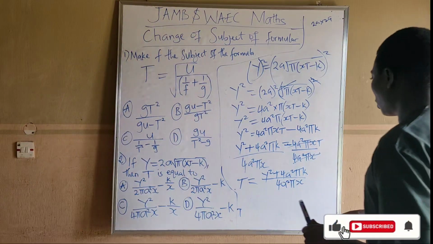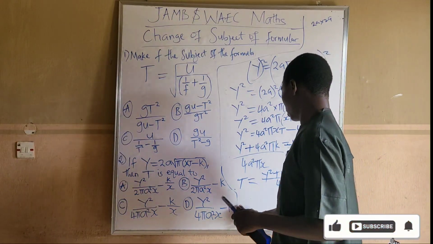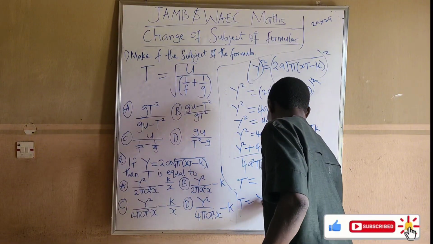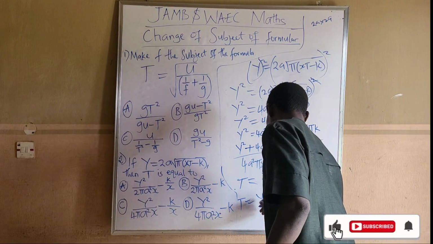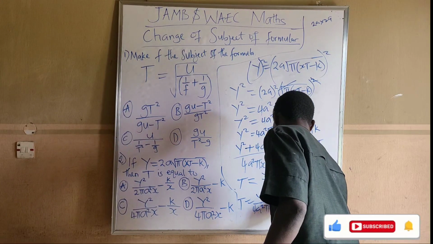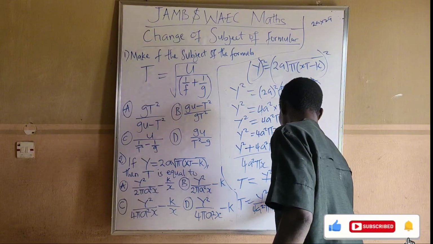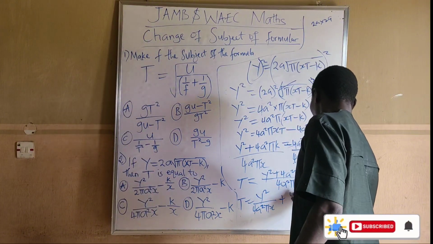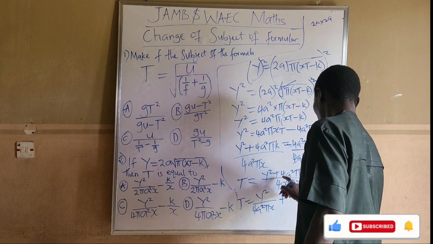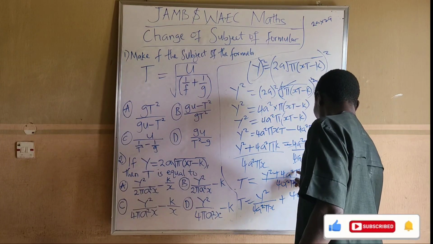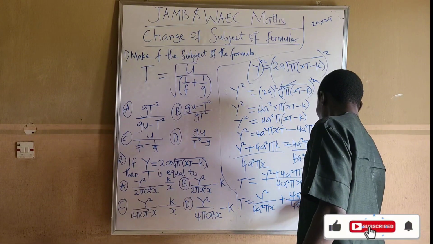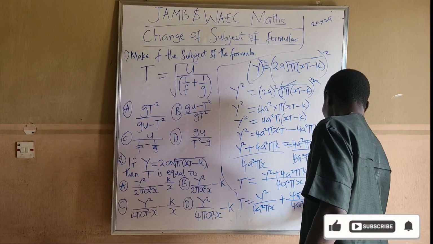You can further break this one like this, that t equals y squared over this 4a squared pi x plus 4a squared pi k over 4a squared pi x.